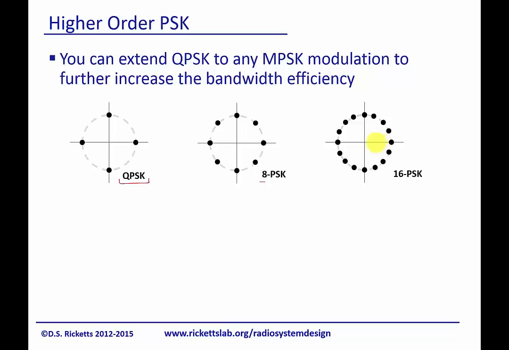What you can see is we're just adding more and more phases, and we can keep on going to 32. One thing to notice is that the distance between two points gets smaller and smaller. So adding more steps doesn't come for free. The space between each symbol actually gets smaller.